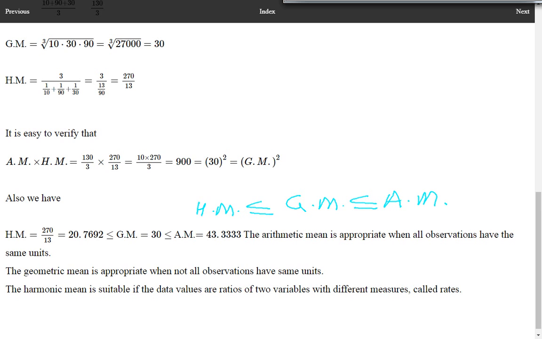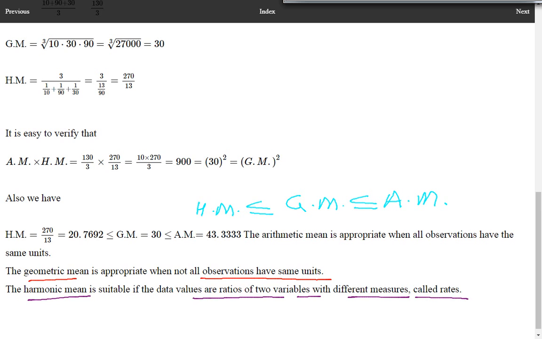The question is when to use these means: whether to use arithmetic mean, geometric mean, or harmonic mean. The geometric mean is appropriate when not all observations have the same units, and the harmonic mean is suitable when the data values are ratios of two variables with different measures.